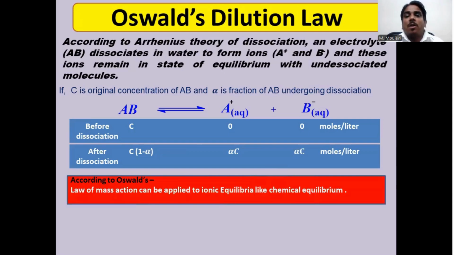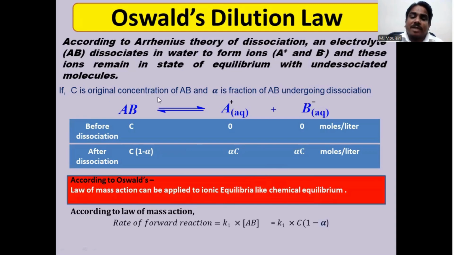the law of mass action can be applied to ionic equilibria like chemical equilibrium. According to the law of mass action, under equilibrium condition, the rate of reaction is directly proportional to the concentration of reactant. In the forward reaction, the reactant is AB.